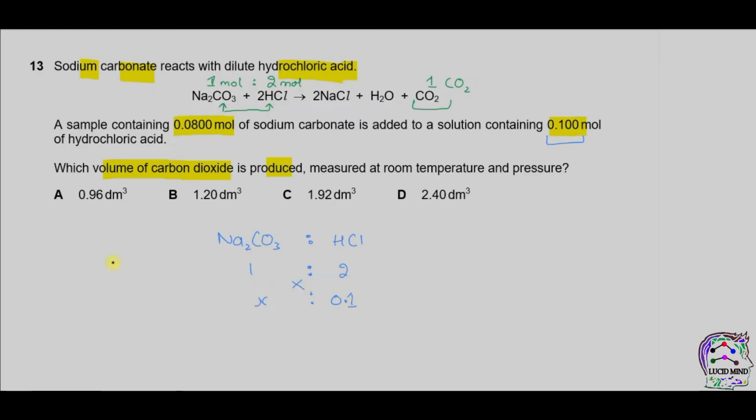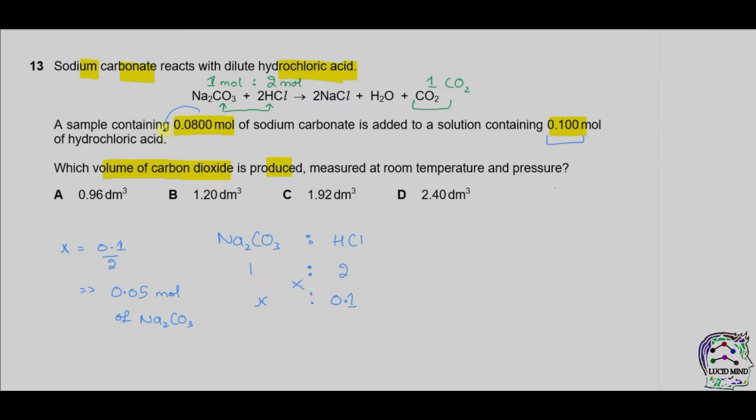We can cross multiply and find the answer. X will be equal to 0.1 divided by 2. It comes equal to 0.05 moles. So 0.05 moles of sodium carbonate will react with 0.1 moles of HCl.